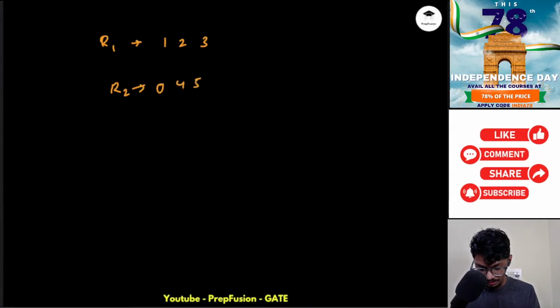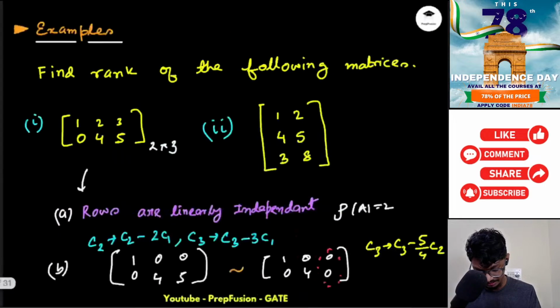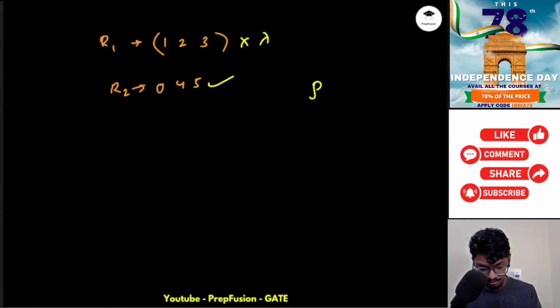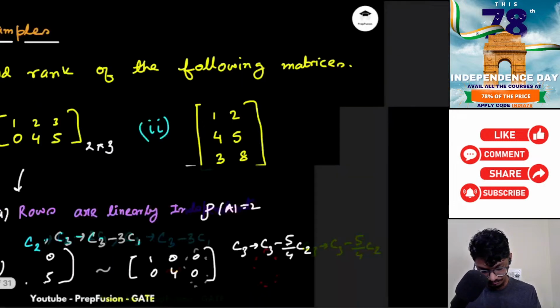If I multiply row 1 with some scalar lambda, can I get row 2? No, I cannot get row 2. So what will be the rank of this matrix? The rank will be 2, because there are two linearly independent rows here.